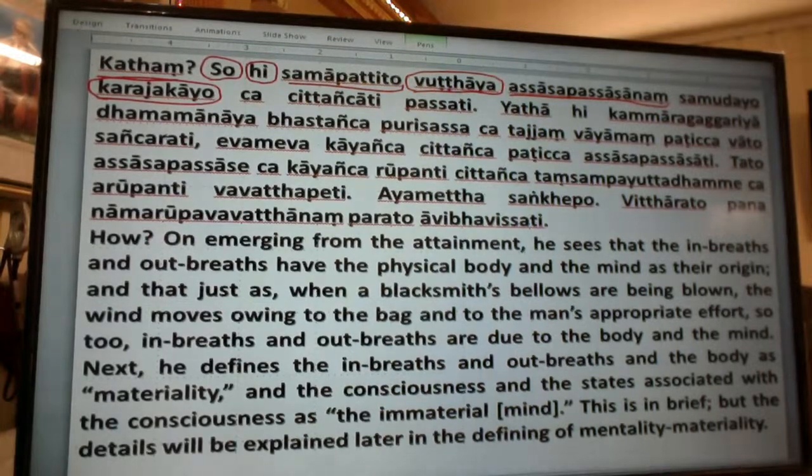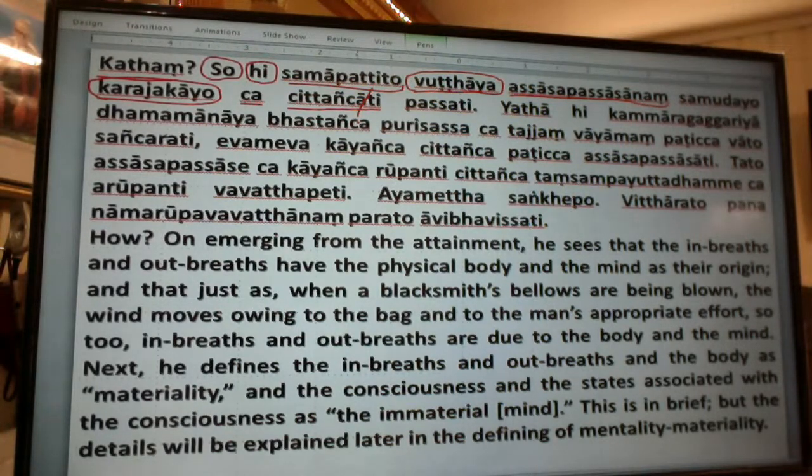That's why karajakayo ca cittan ca, chitta. So physical body and mind, chitta.